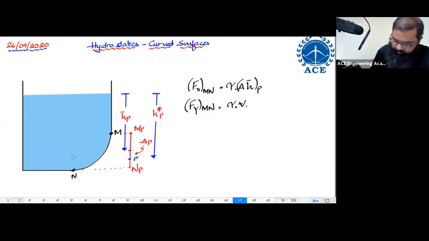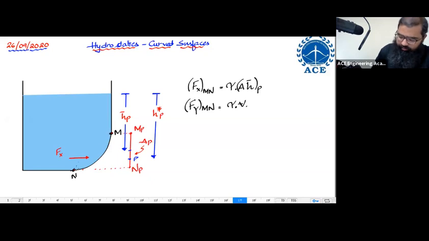So let us say Fx is going to act along this particular line. This is the line along which Fx is acting. Because it should pass through point P, therefore I'm showing it is along this particular line.